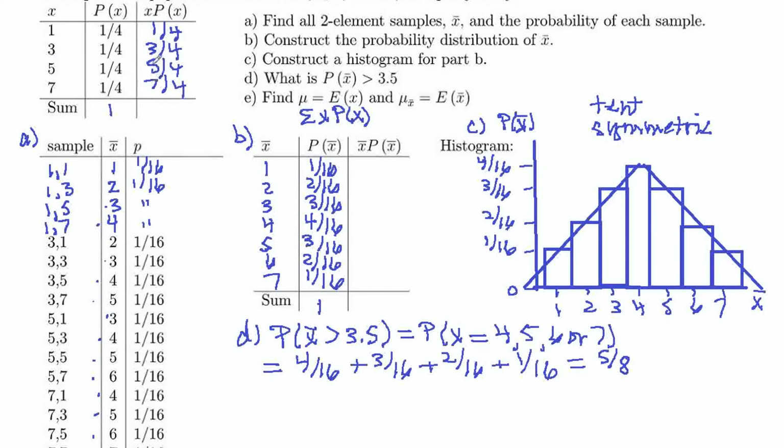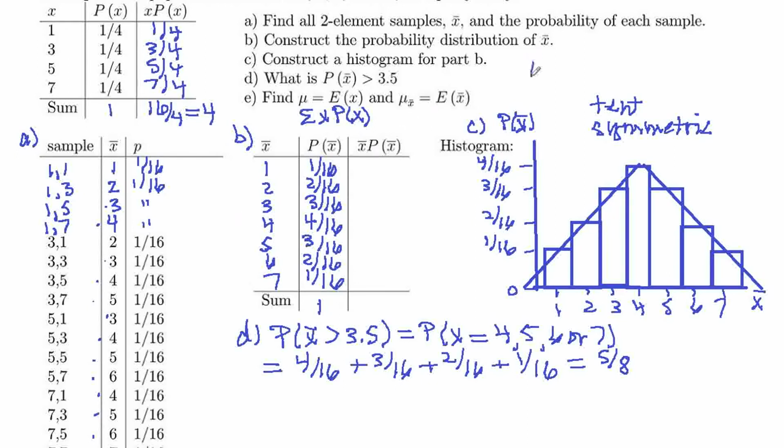And if we add those up, 16/4, which is 4. In fact, if you average these values, 1 plus 3 plus 5 plus 7, and divide by 4, you get 4.